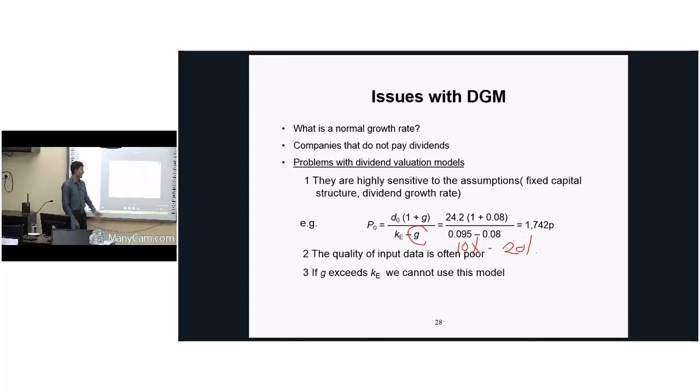And the last point is that the quality of the input data is often poor. Sometimes we have problems with the quality of the input data. So if your input information is wrong, obviously your valuations will also be wrong. So these are some of the common errors of the dividend growth model, mainly because of its assumptions. We believe the dividends will be fully paid to the shareholders.